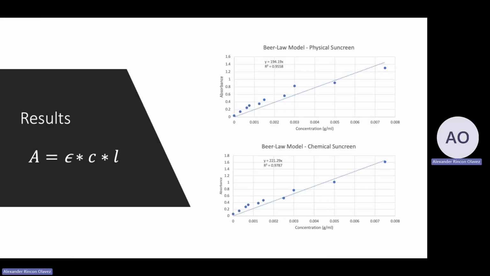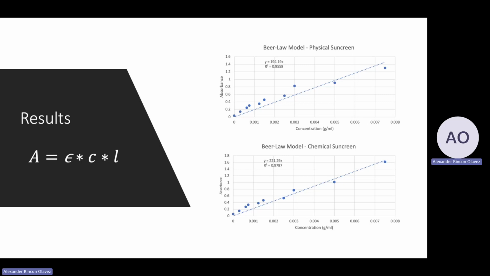With the tabulated data, we were able to model the Beer's law model for physical and chemical sunscreen. So as we see on the slope of each model, the chemical sunscreen has a higher, or steeper, slope than the physical sunscreen.